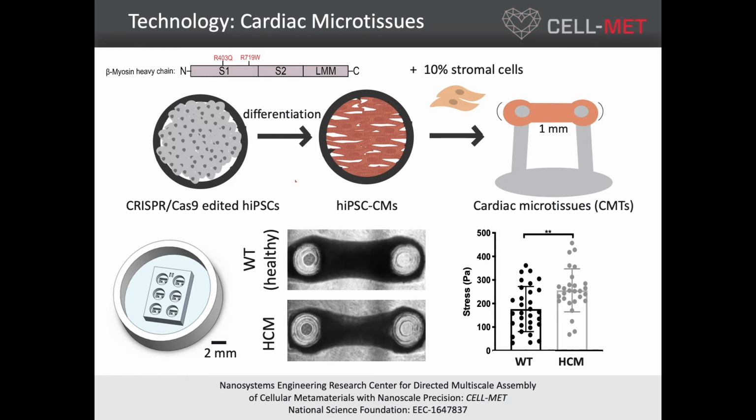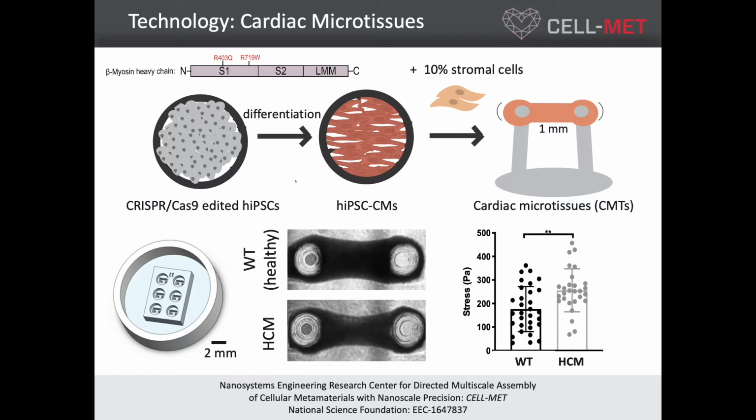Then, around day 7 to day 14, we take videos of the tissues contracting, as you can see on the bottom middle, and using software, we can quantify the deflection of the pillars and quantify the contractile force and stress of the tissue. On the top, we have a wild-type healthy tissue, and the bottom is a tissue using HCM mutated cells.